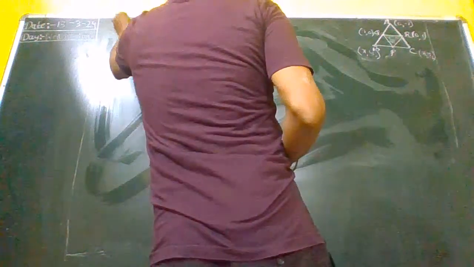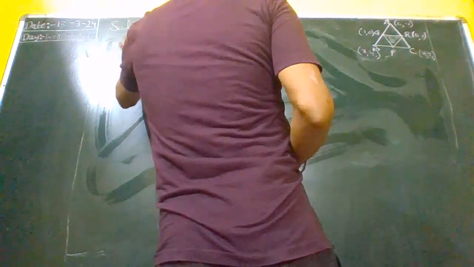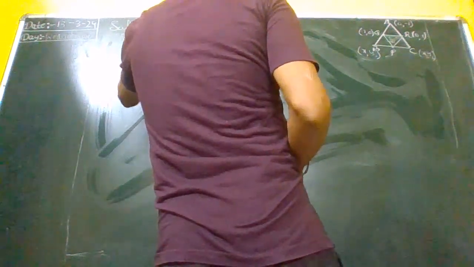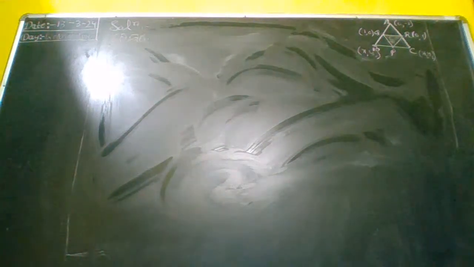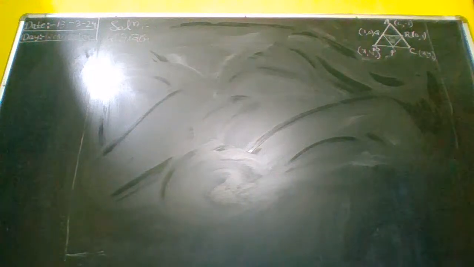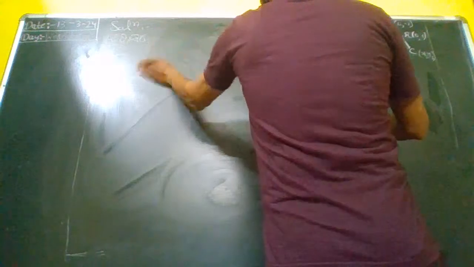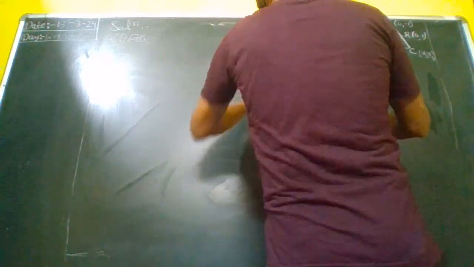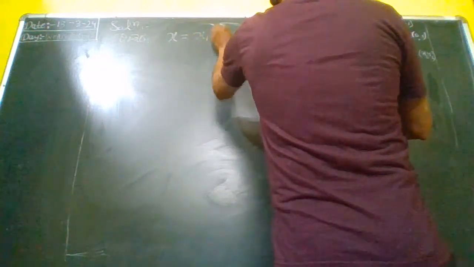So for that, first we have to write solution. ಪರಿಹಾರ ಅಂತ ನಾವು ಮೊದಲು ಬರೀತೀವಿ. ಪರಿಹಾರ ಅಂತ ಬರೆದ ಮೇಲೆ ಮಧ್ಯಬಿಂದು ಸೂತ್ರವನ್ನು ಬಳಸ್ತೀವಿ. We will use the midpoint formula. What the midpoint formula says, for the x coordinate, is x is equal to x1 plus x2 divided by 2.